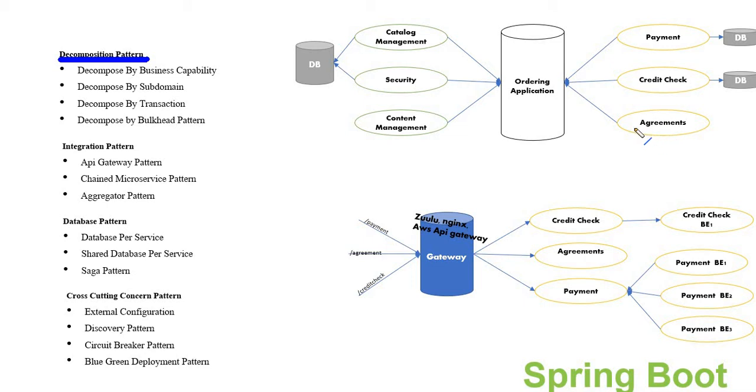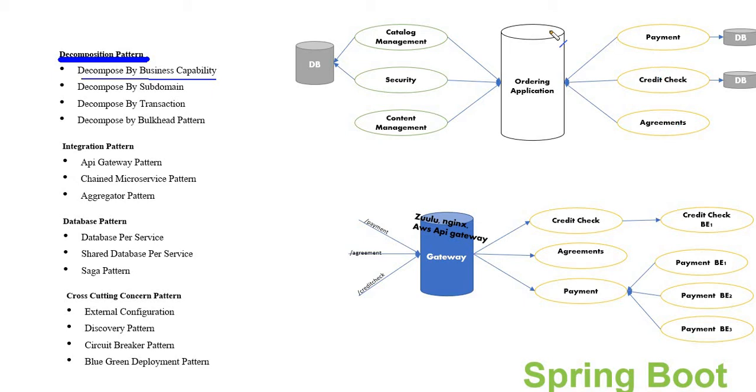These are different business capabilities. Based upon the business capabilities, I come up with the different microservices. That is what this particular pattern means: I am trying to come up with different microservices to fulfill my business capabilities.